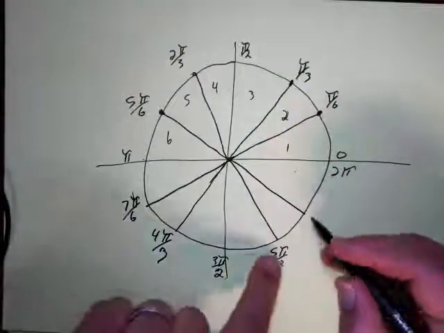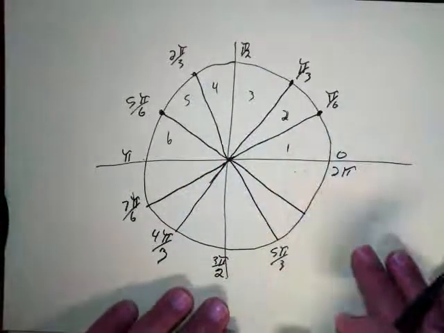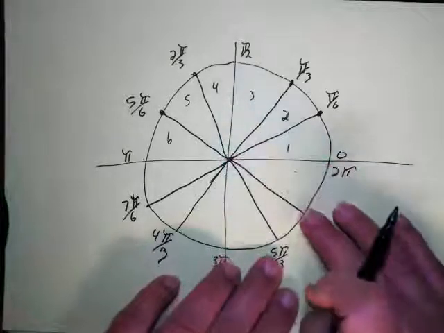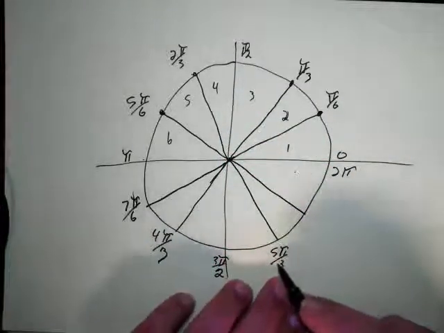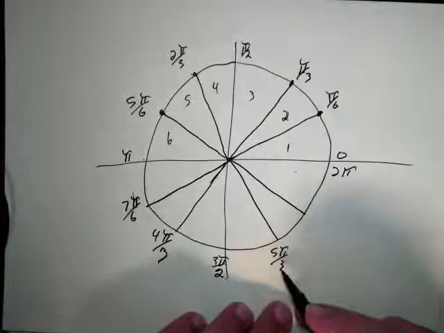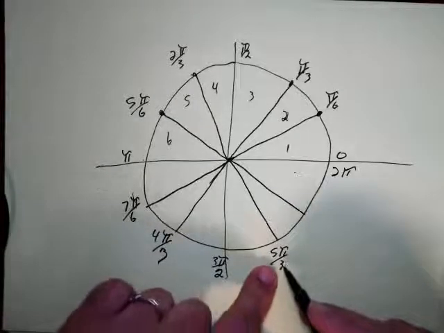And boy, all my pieces are not very accurate there. But that's okay. You get the idea. So 5 pi over 3, and oh yeah, this is the 10 pi over 6, right?